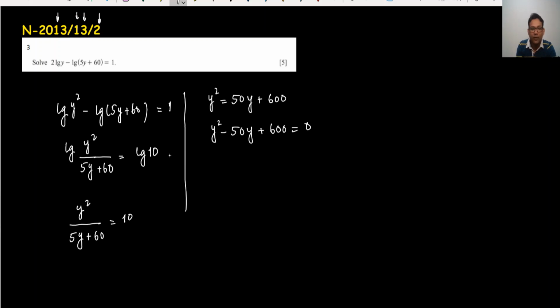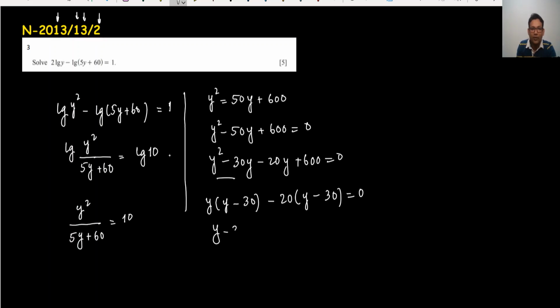Factors, yes, I think so, 30 and 20, if I'm not wrong. So common, y minus 30. When I take 20 common, there is something wrong. Sorry, it's plus. Minus 20 is 30.